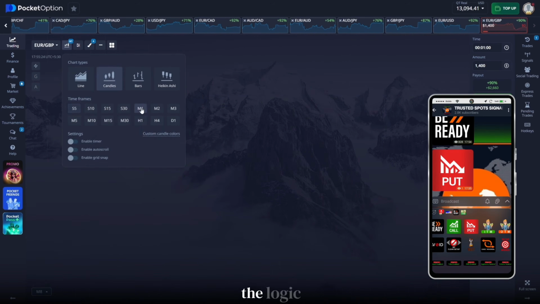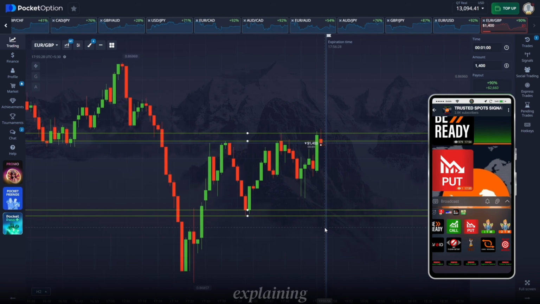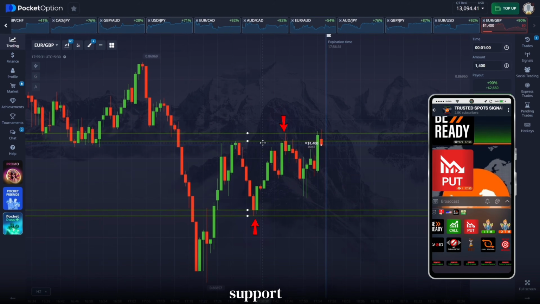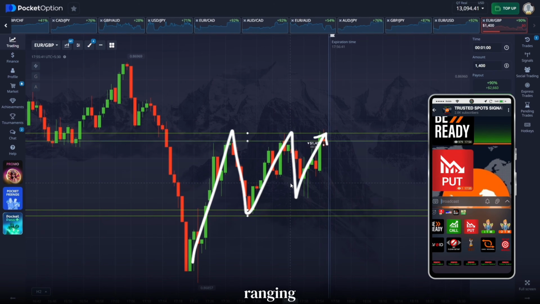Let's understand the logic behind this trade. As I was explaining to you, we have this support and this resistance zone that can be used for a reversal trade. This is a ranging market, and the price in a ranging market usually respects support and resistance zones.